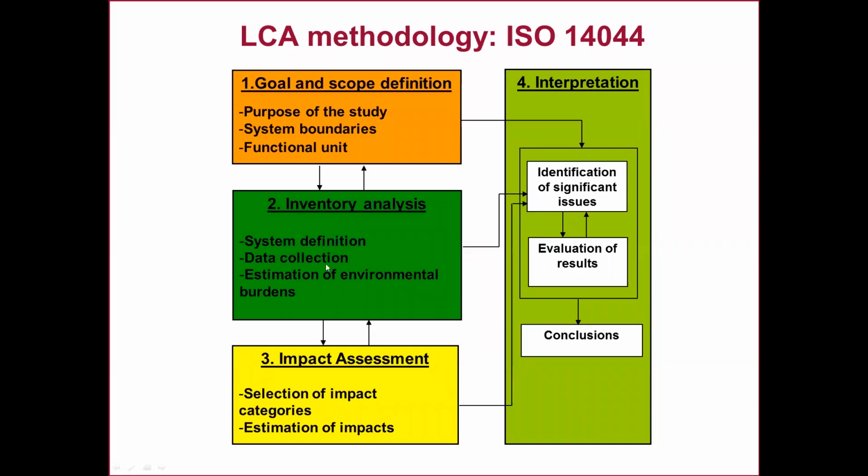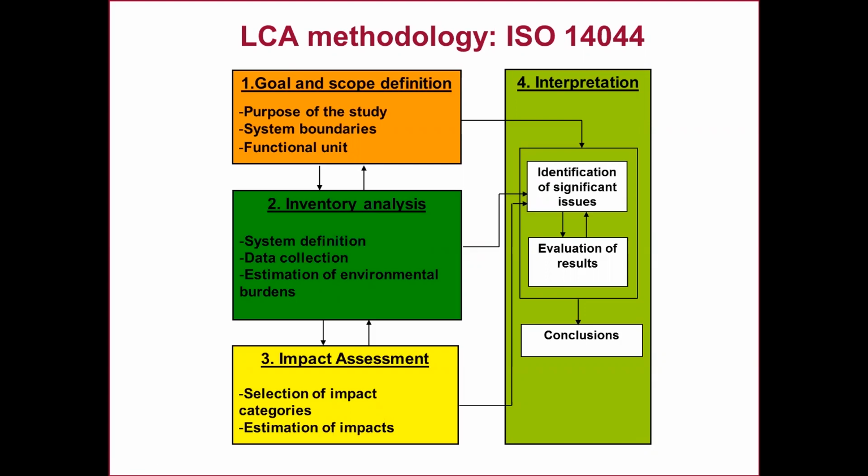And once we collect the data, we can estimate the burdens, like what are each emission source from that system. And in the next stage, those inventory or raw data is converted into the impacts. And ISO allows what impact categories we can select.